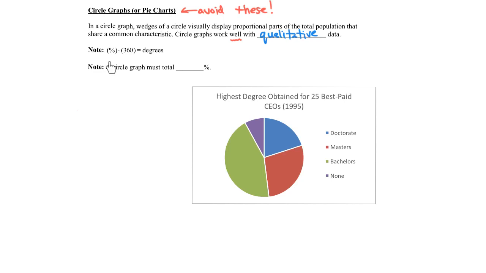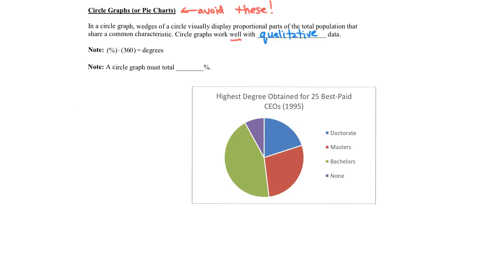First we have to notice that in a circle there are 360 degrees. So that 360 degrees has to correspond to 100% of the data. So we have to translate that. So we've got this percent of the data times 360 equals degrees.